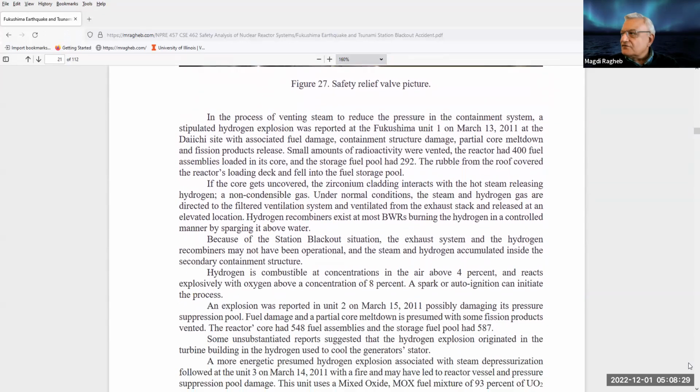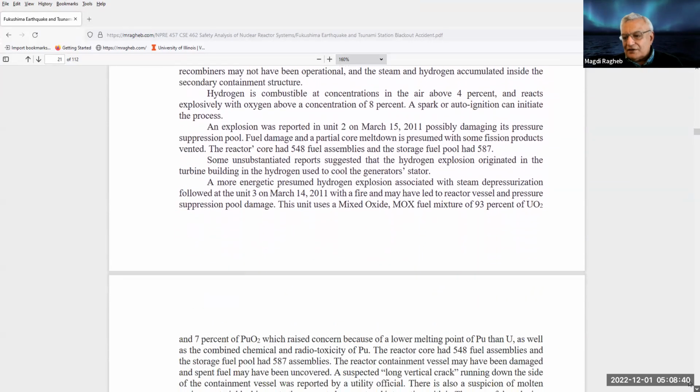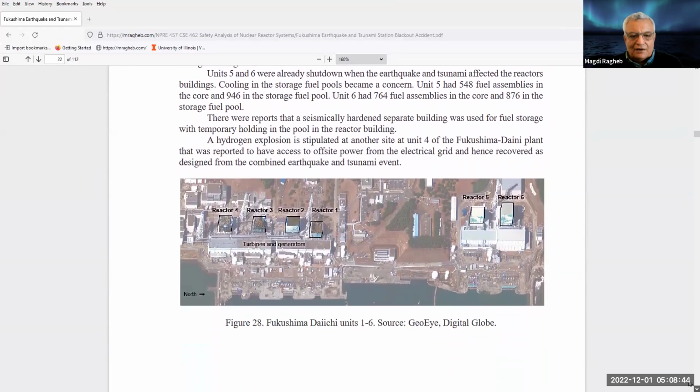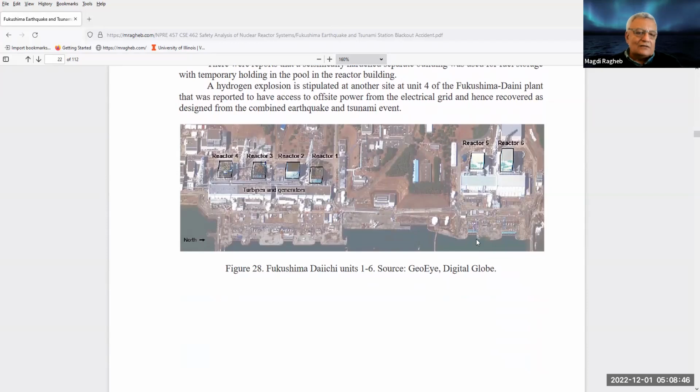So second design flaw, the first design flaw was that they built the plant by flattening the ground very close to the water level. And in that case, the effect of the wave from the tsunami simply led to flooding.